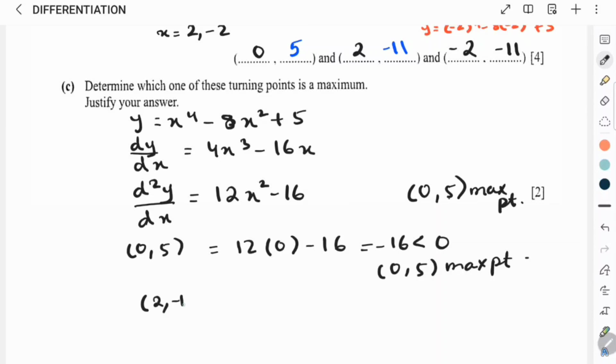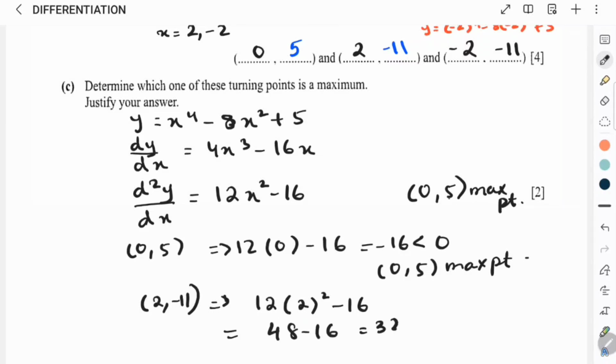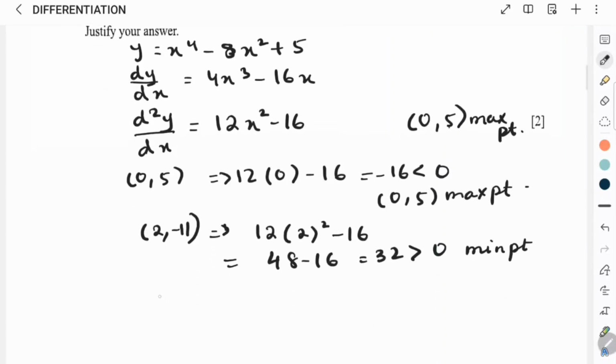So for (2, minus 11), you need to use just the x value. That becomes 12 into 2 squared minus 16. 4 times 12 is 48, minus 16 is 32, which is greater than 0. Then it's a minimum point, and obviously the other one will also give the same answer.